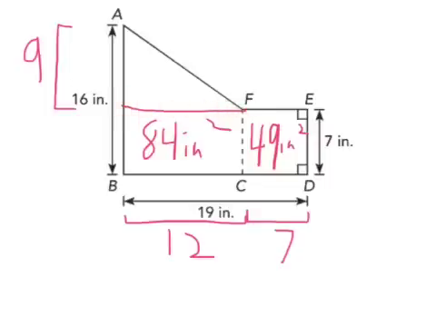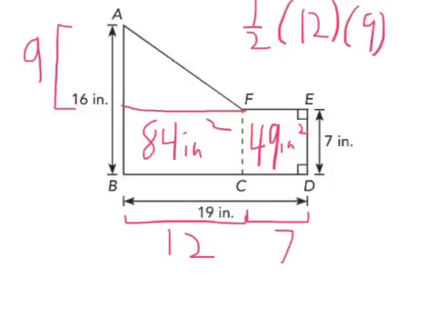Has a base of 12, right? We can tell down here the base is 12. The height is 9. And so we're going to do 1/2 times 12 times 9. And I can just save us the math on that and tell you that that equals 54 inches squared.